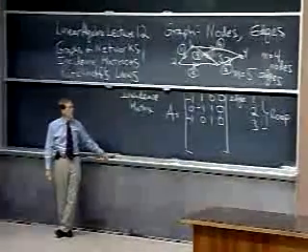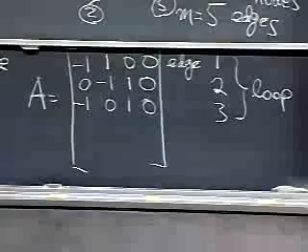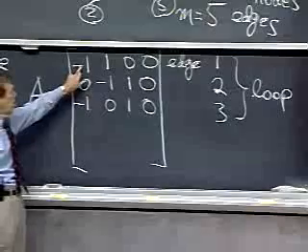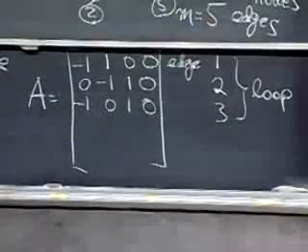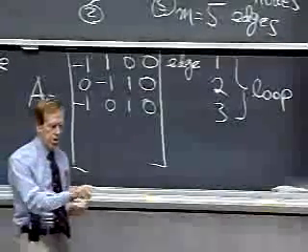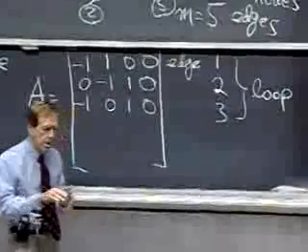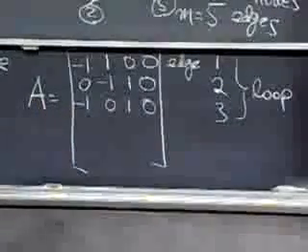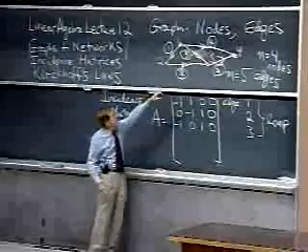Do you see a relation between those 3 rows? Yes. If I add that row to that row, I get this row. So that's like a hint here that loops correspond to linearly dependent rows.